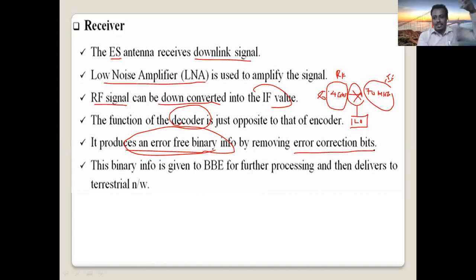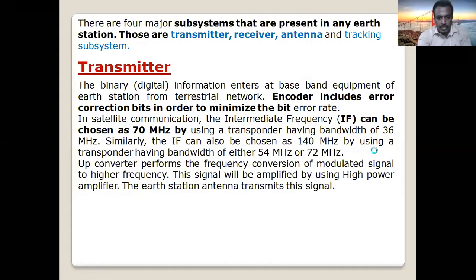The encoder adds some bits. These additional bits are used for error detection and correction purposes. Now on the decoder side, by using these error detection and correction bits, it generates error-free binary information. It can be video, audio, or a combination, as we have said. Then this binary information is given to what?